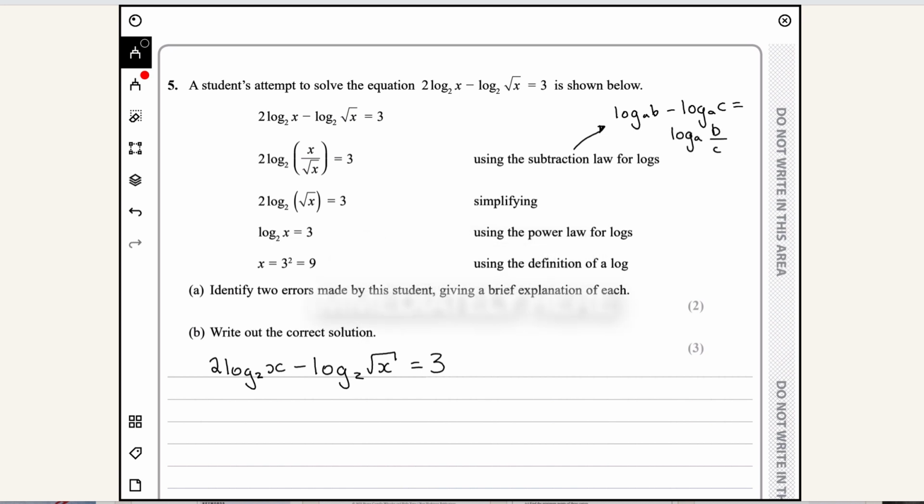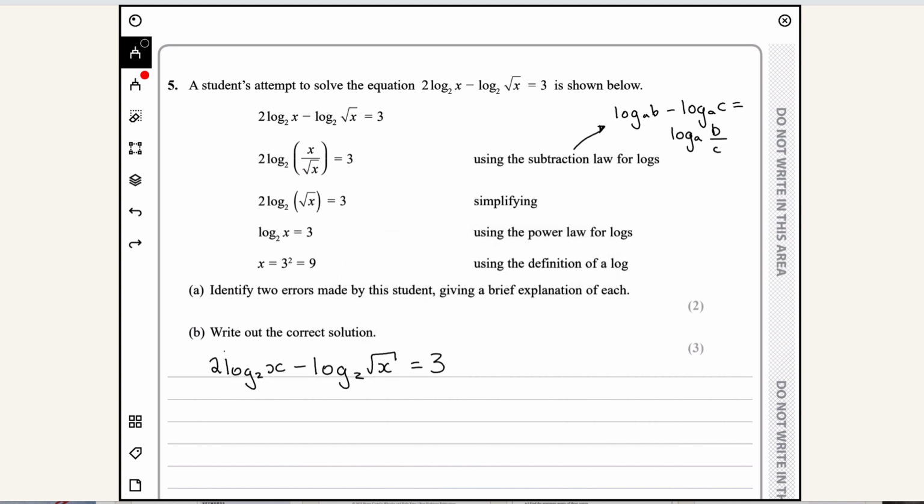So we can't use that immediately here because we've got 2 log 2x. So if I was to do x over root x, what I'm not taking into account is that I've multiplied this by 2. Now, of course, if there was a bracket here, then we could do that, but there isn't.